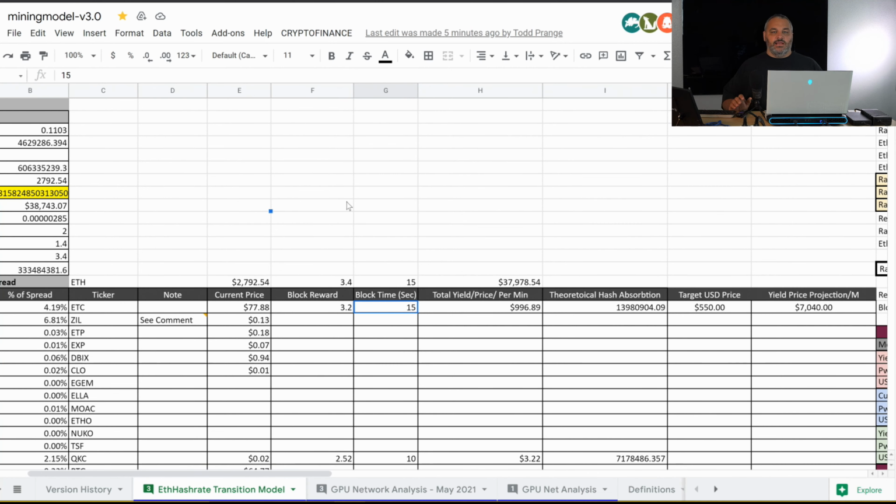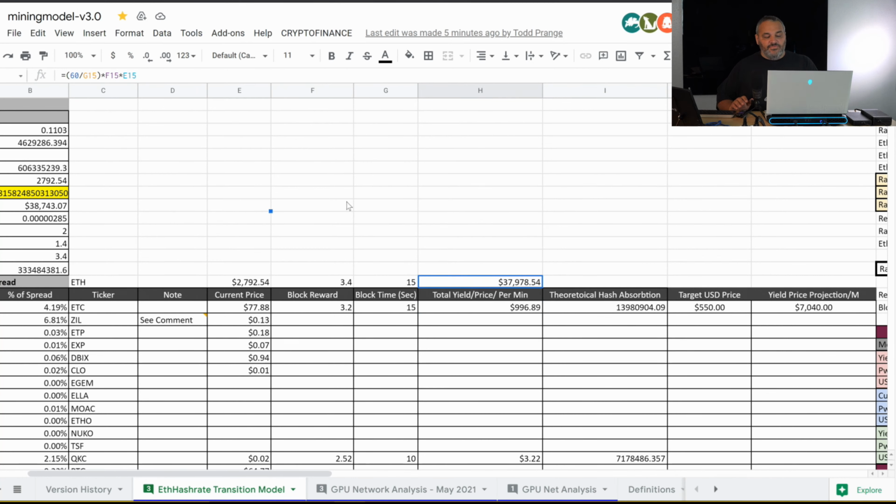This is pre-EIP 1559 transaction fees, plus the 2 block reward, which actually makes it about the same as Ethereum Classic's base block reward, right? So because Classic's price is about $77 right now, you got a total yield price per minute, the output of the network, of about $1,000 a minute. Okay, to give you an idea of how much output it is.